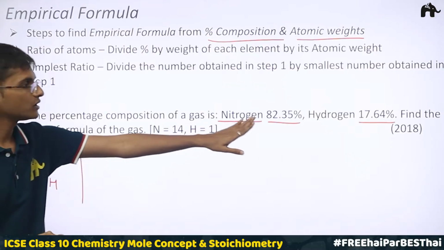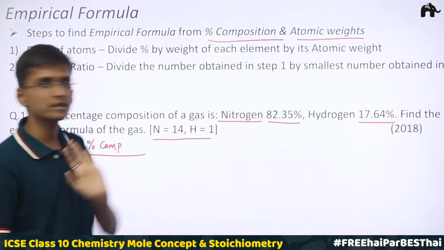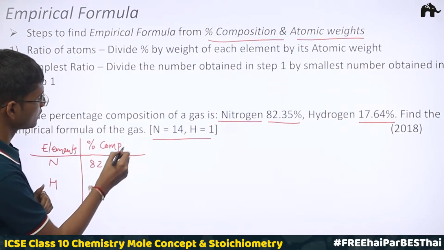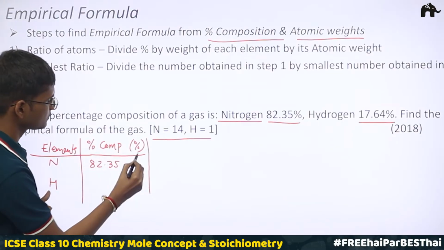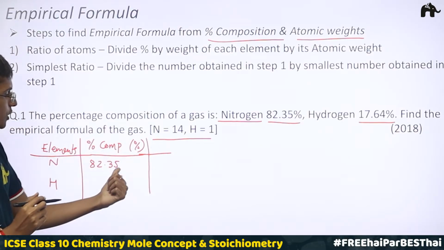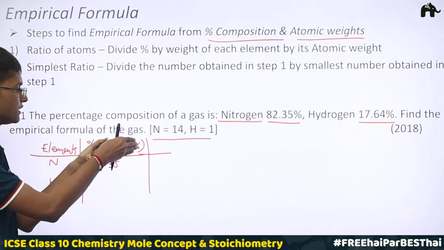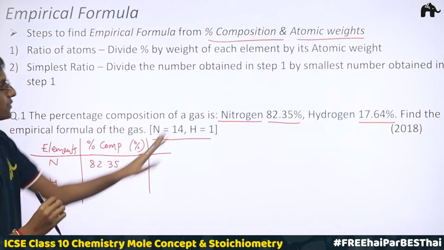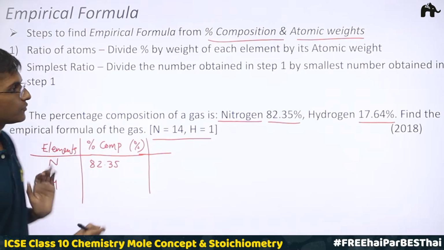For nitrogen, the percentage by weight is 82.35, and the percentage composition is in percent. We know this absolutely, but still I write the unit above, so all the numbers here are in percentage. 82.35% nitrogen, and hydrogen is 17.64.